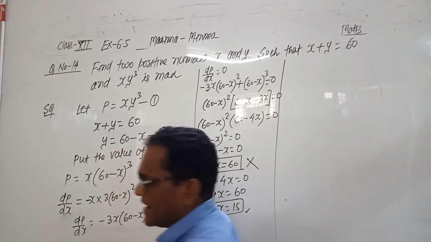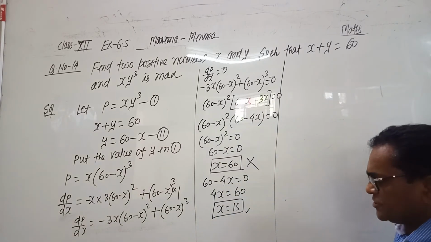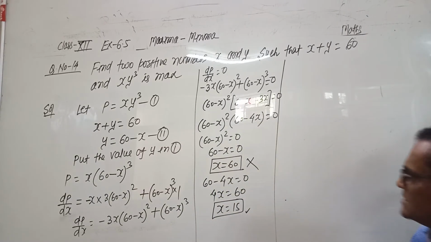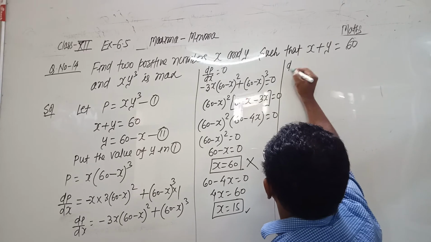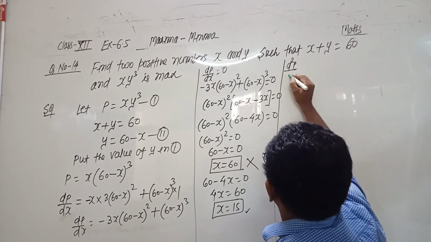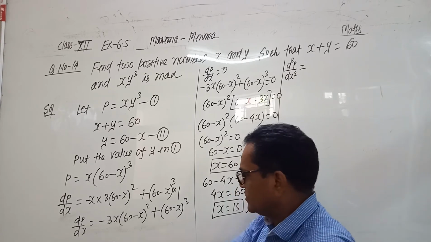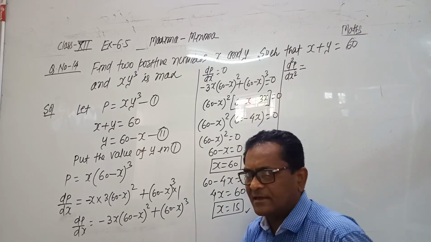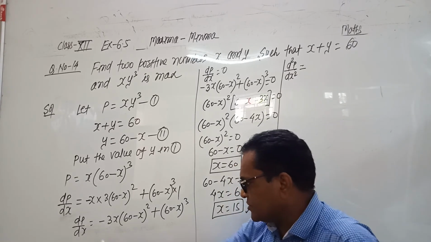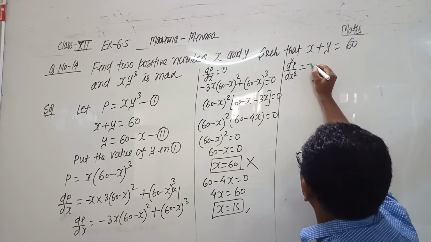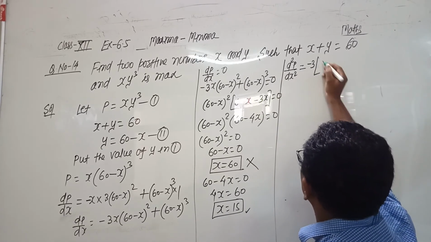Now we find its double derivative, d2P by dx square. Both the terms will be differentiated separately. Minus 3 is a constant, taken outside.